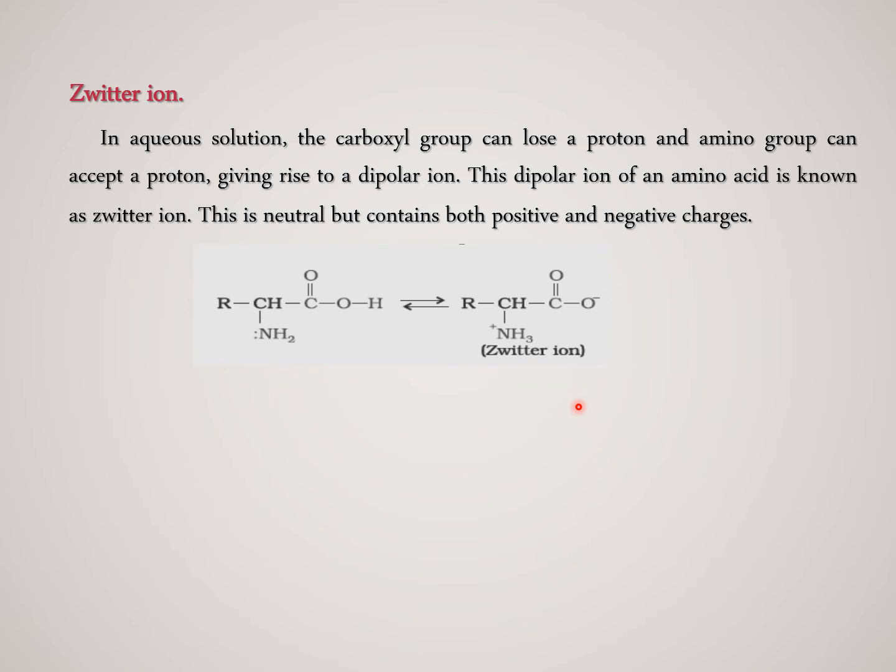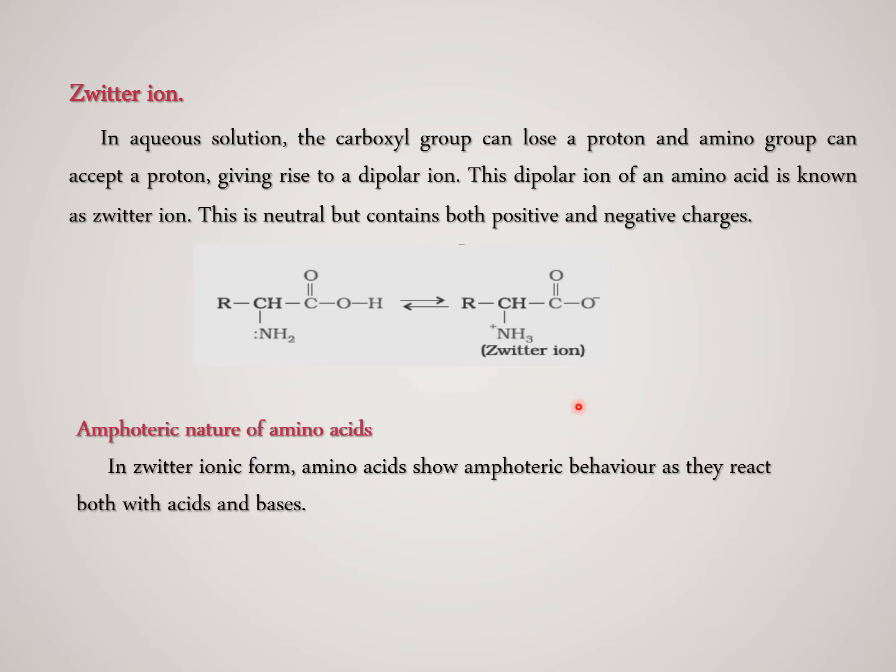And now the amino acid molecules are found to be amphoteric in nature. Amphoteric means they can behave as an acid as well as a base. So in the Zwitter ion form of the amino acid, the amphoteric behavior could be easily understood.